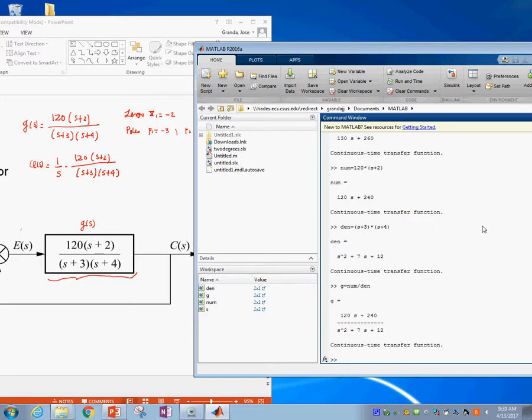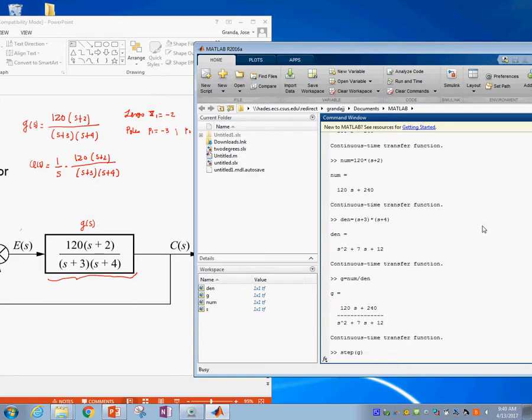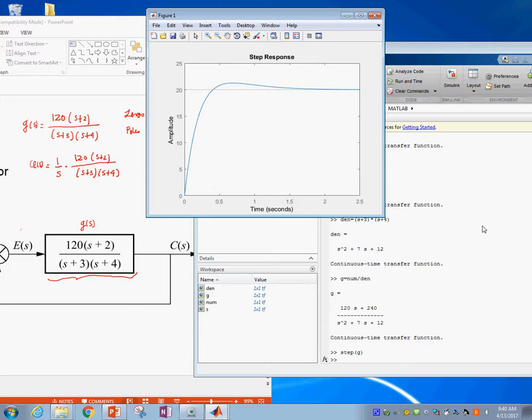If we go and say step of G, this then we obtain the response, you see.